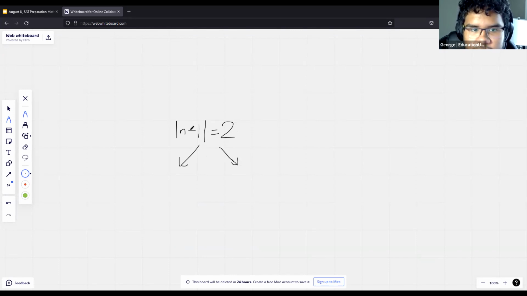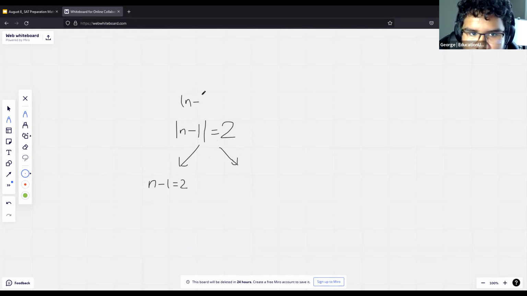So on the first side, you're going to solve this equation as if the inside were just positive and normal. So you have n minus 1 equals 2. And that's because the inside of this absolute value function is positive. And then on the other side, you have to solve the equation as if the inside of the absolute value function was negative.